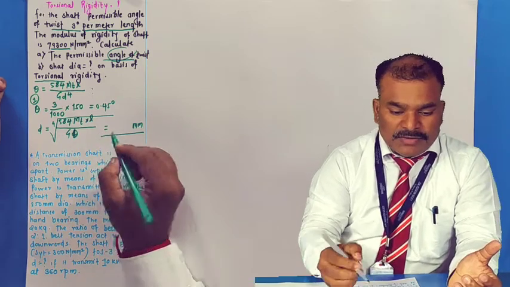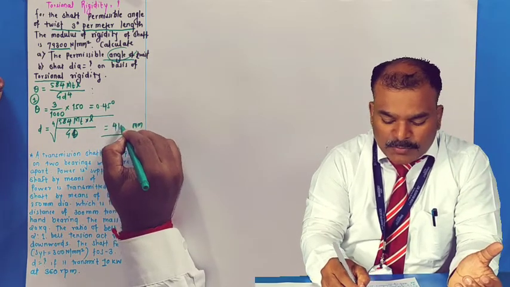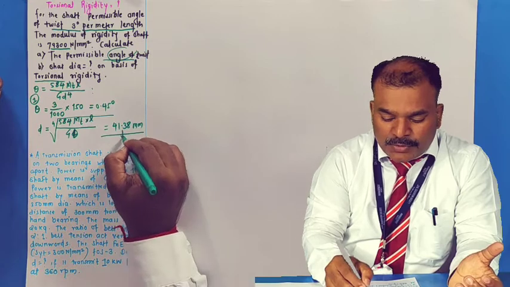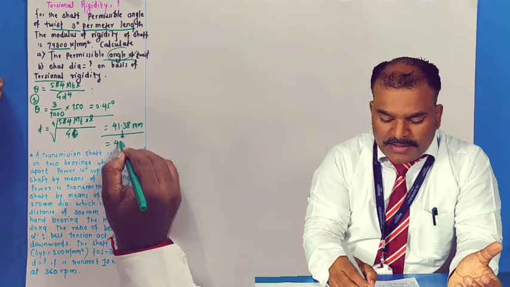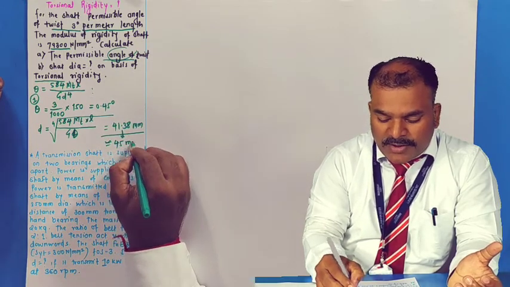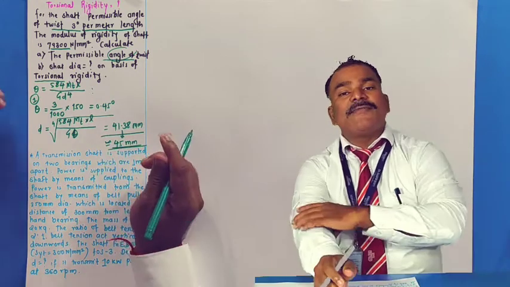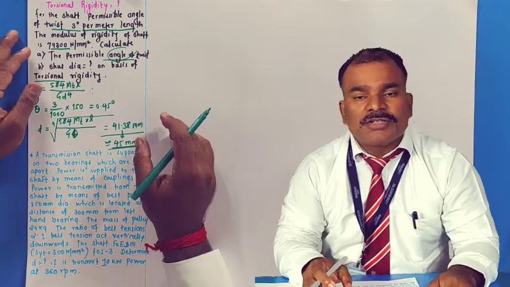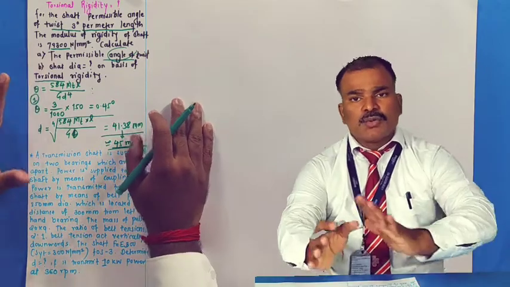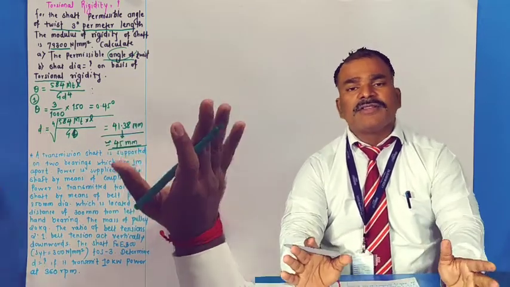After putting this in, I get the value 41.38 mm. So I can write it is approximately equal to 45 mm for the shaft in case of torsional rigidity. This is the kind of simple numerical they will ask.